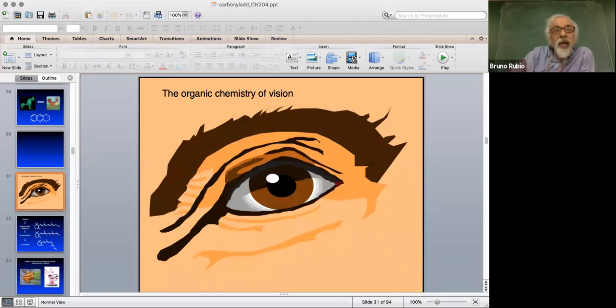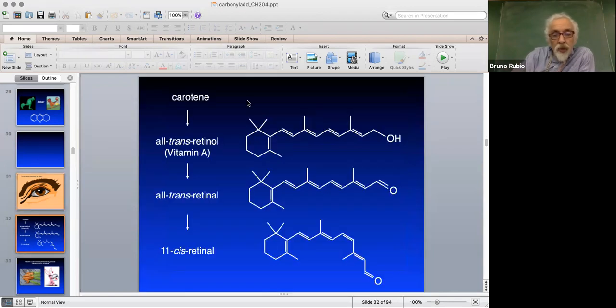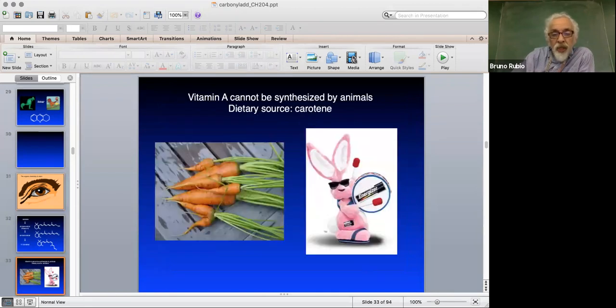Another very interesting regime in which we find imine chemistry is the organic chemistry of vision. So you take in dietary carotene, right? You've never seen a rabbit wearing glasses. Here's a bunny, he's wearing sunglasses, but that's just to be cool.